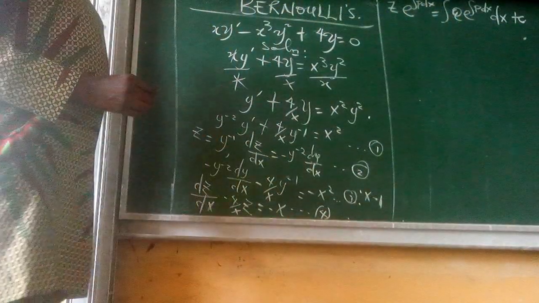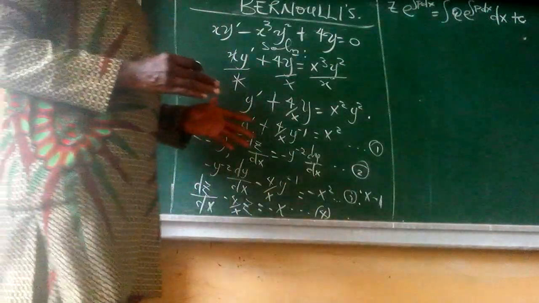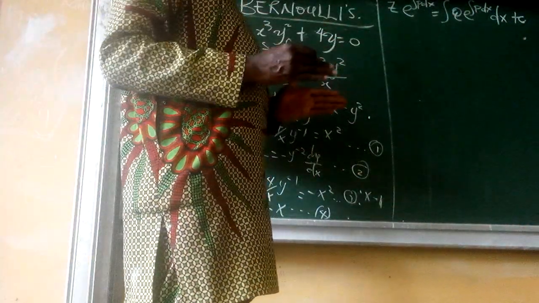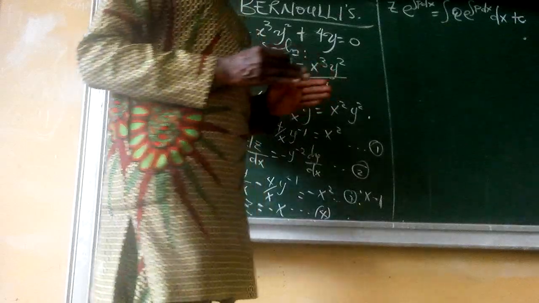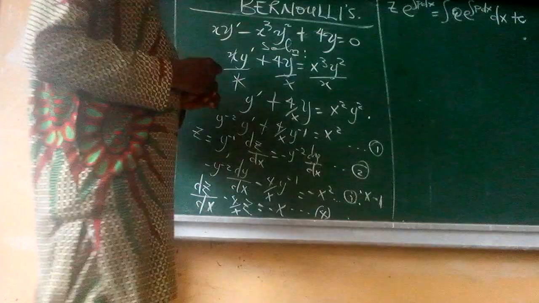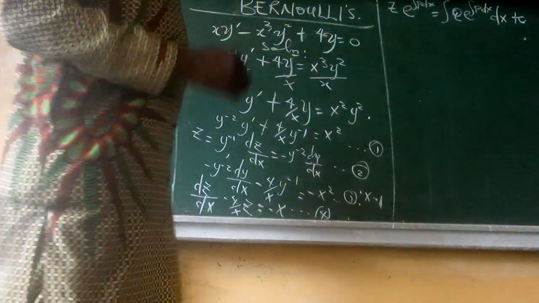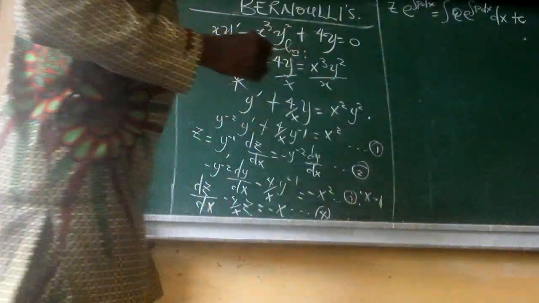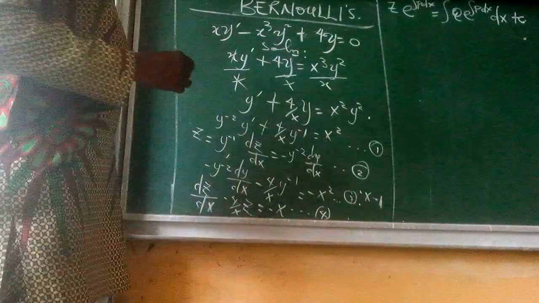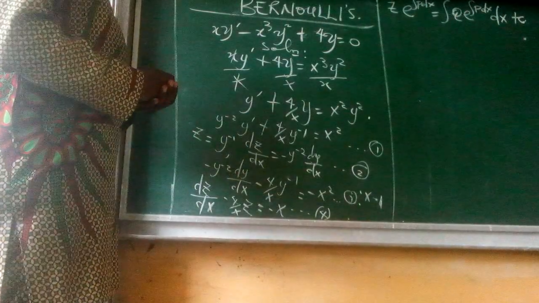Now, what actually transpires here is fundamentally based on the relationship. So as it stands, based on implication, the z value we have as a Bernoulli's expression is simply y raised to the power minus 1.